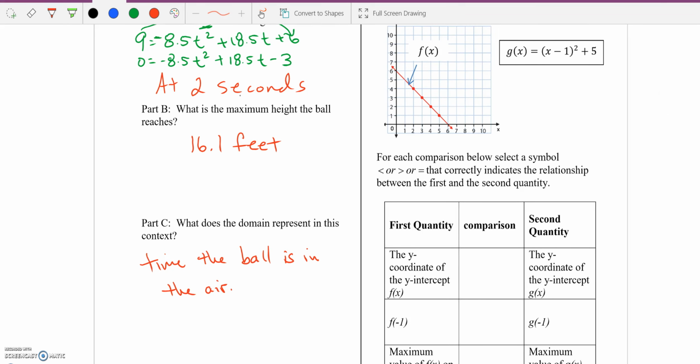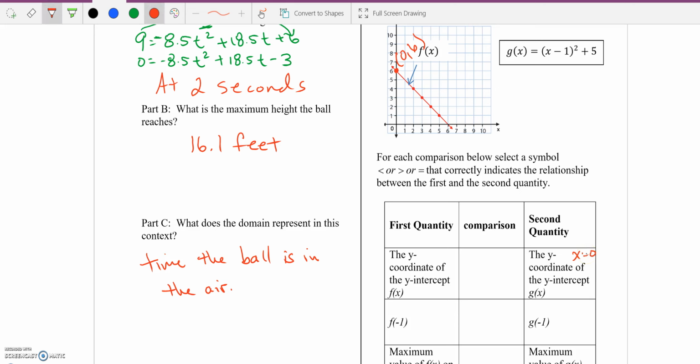So for the first quantity, the y-coordinate of the y-intercept of f of x. So the y-intercept is here. That point is at 0, 6, and I need to compare that to the y-intercept of my g function. So there's a couple ways I could do it. I could use the graph, or if it's a y-intercept, that means that x is 0.